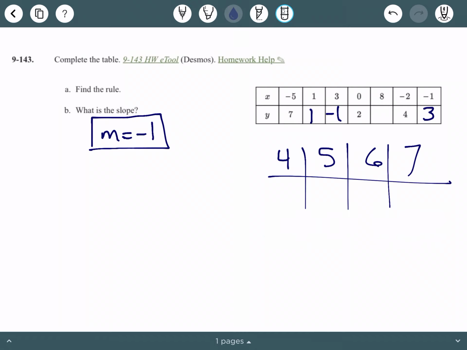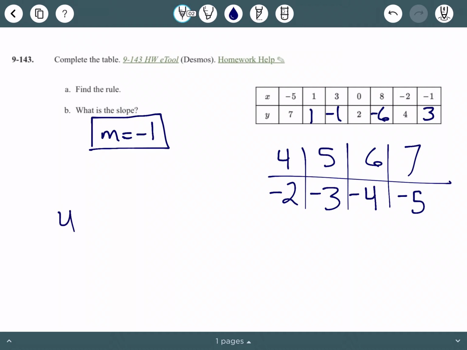So that means that 4 would be -2, 5 would be -3, 6 would be -4, 7 would be -5, and then 8, an input of +8 would give us an output of -6. All right, so we have completed our table. Now we just need to find the rule.